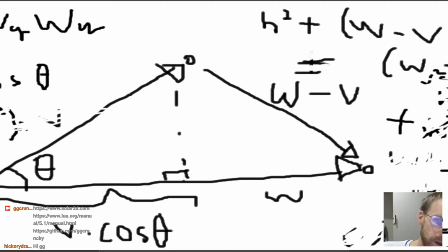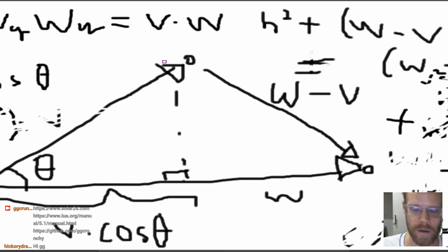And often you'll divide this, so it's on the bottom of this. And we can abbreviate this as V dot W. And this is called the dot product.